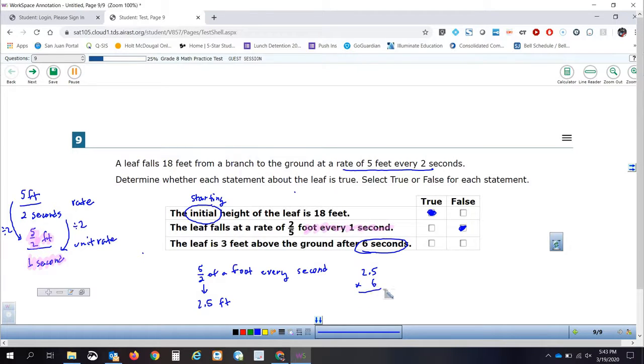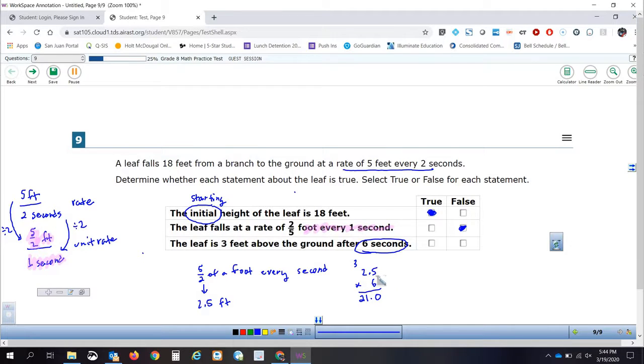So 2.5 times 6. 6 times 5 is 30, carry the 3. 6 times 2 is 18, plus 3 is 21. So according to this, if it falls 2.5 feet every second, in 6 seconds, it will fall.